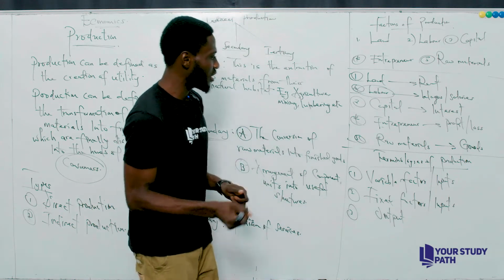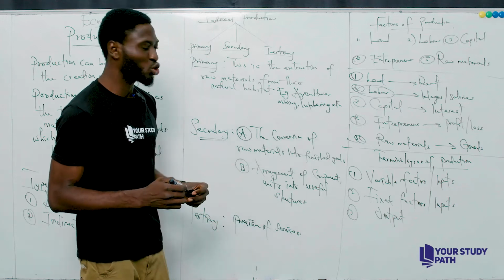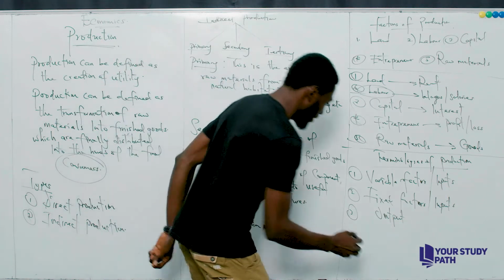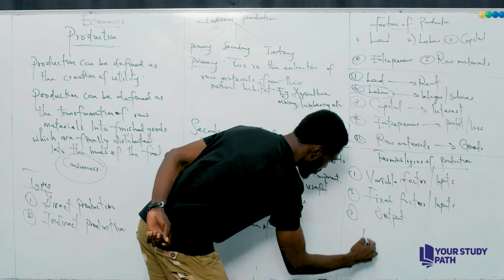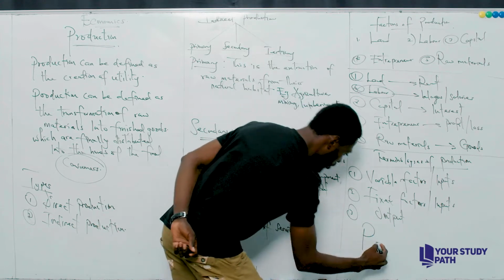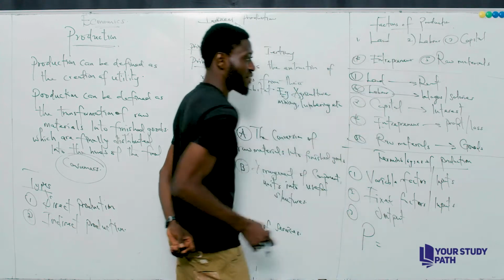Let me have a small formula somewhere around here. Production equals, now we have 5 factors here, right?